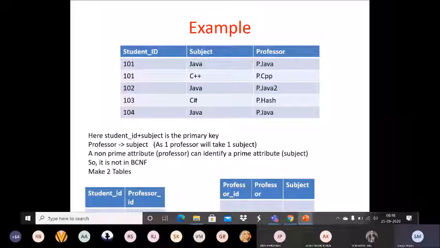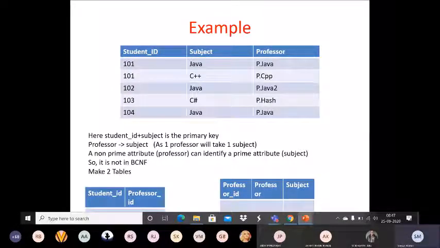So think about an example. Here we have some student ID, we have some subject, and we have some professor. Professor names are very interesting. Professor Java, Professor C++, Professor Java 2, Professor Hash, Professor Java.